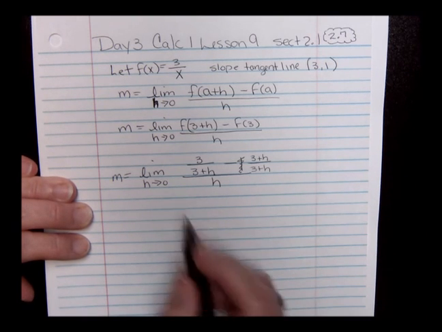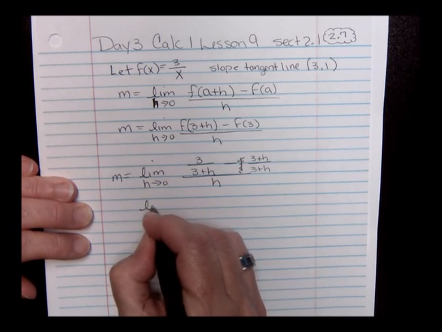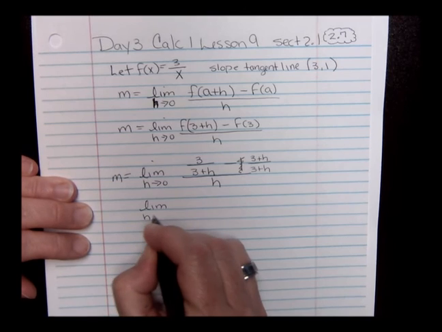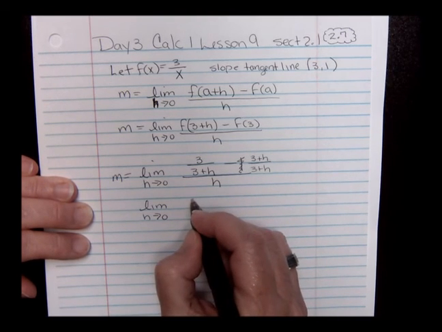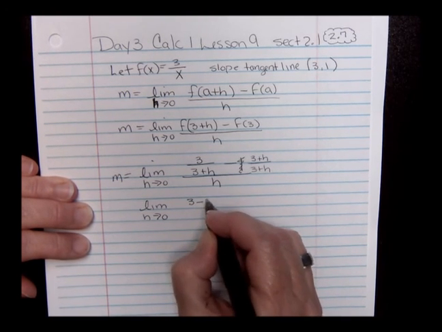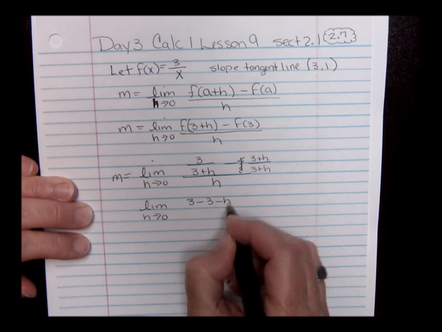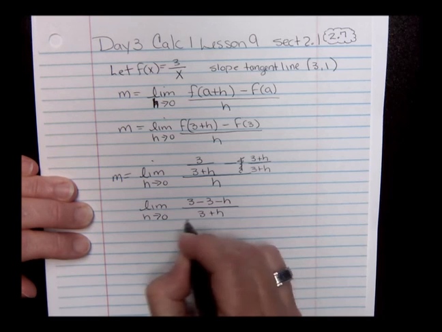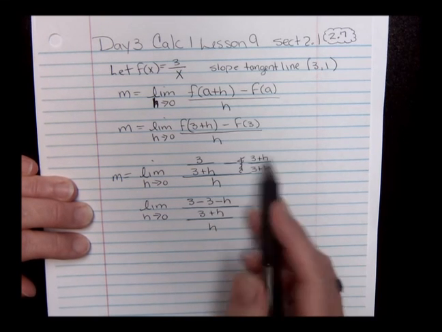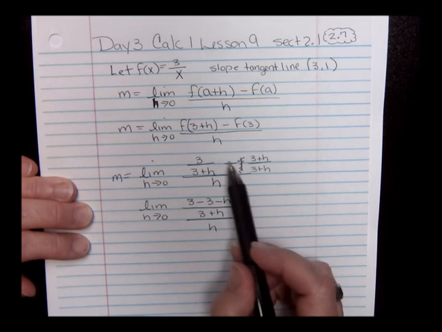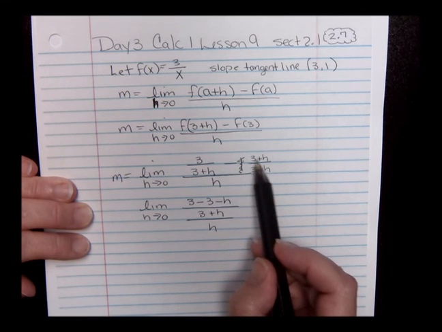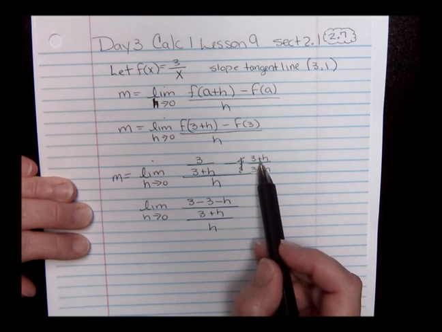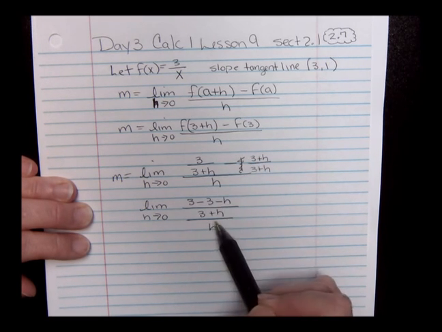Now I can simplify that to be the limit as h approaches 0 of 3 minus h all over 3 plus h over h. So all I did here was say 3 minus, so I have to distribute this negative, 3 minus h, all of that over 3 plus h.